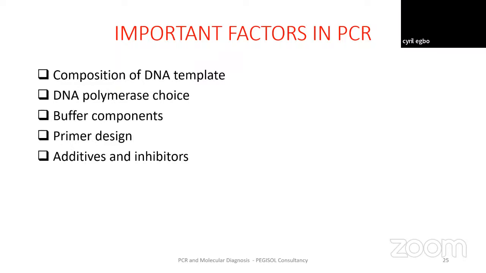But if it is adenine and thymine, it means it's a shorter template. So it takes shorter time for annealing to complete. But for the CG template, it takes a longer time because of the long nature of the template.